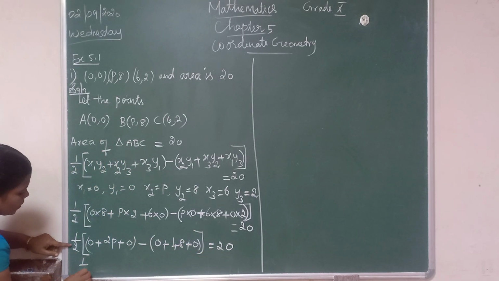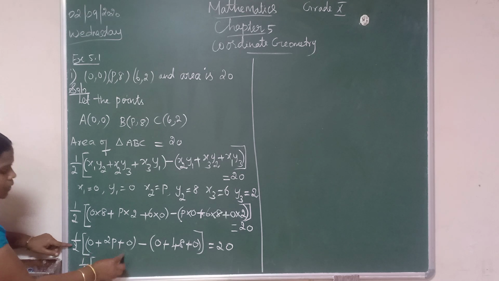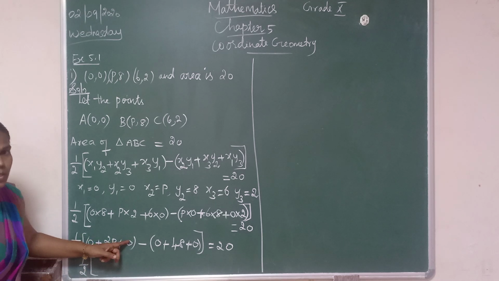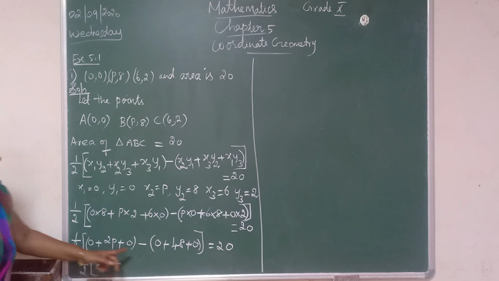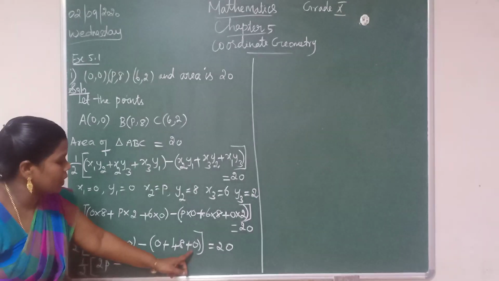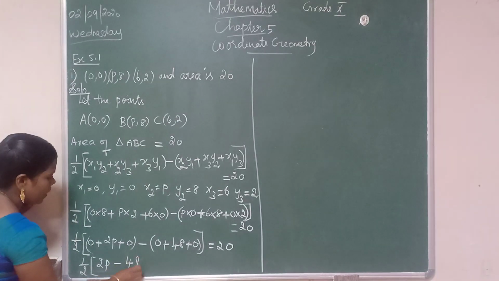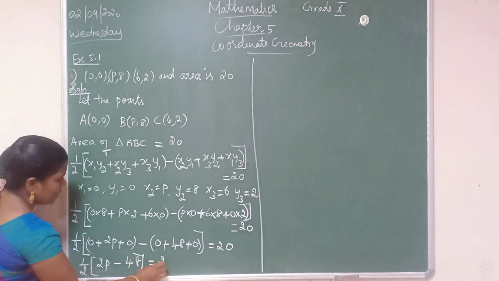Again, 1 by 2 into 0 plus 2P plus 0 is 2P, minus 0 plus 48 plus 0 is 48, is equal to 20.